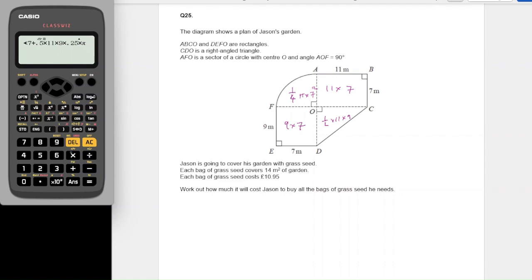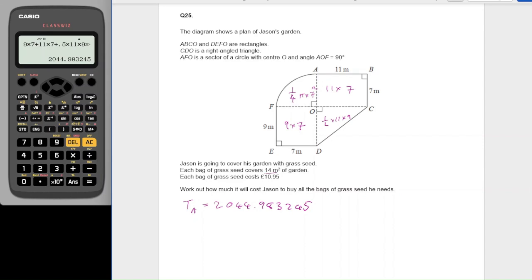So my total area is going to be equal to 2044.983245.